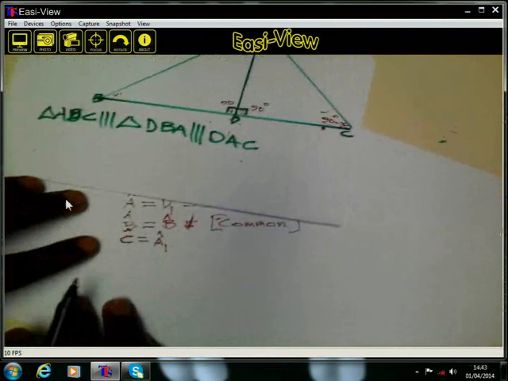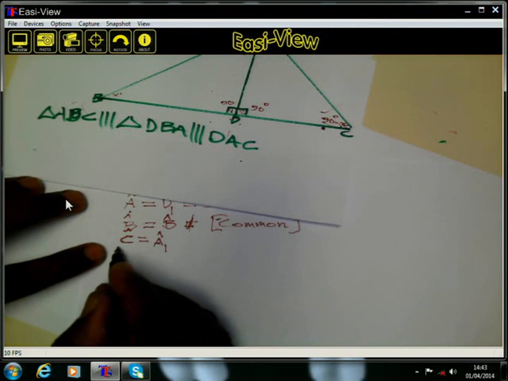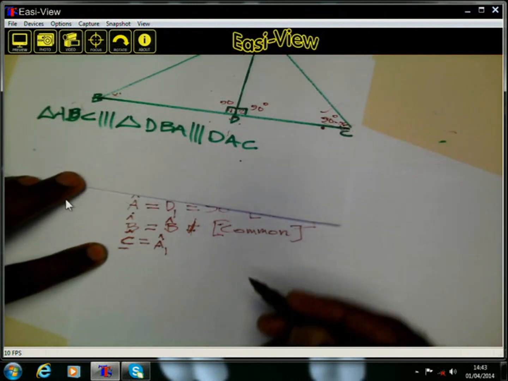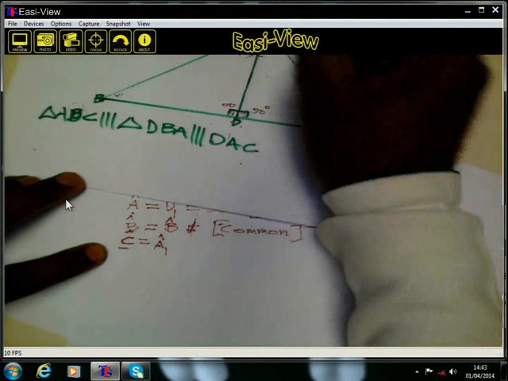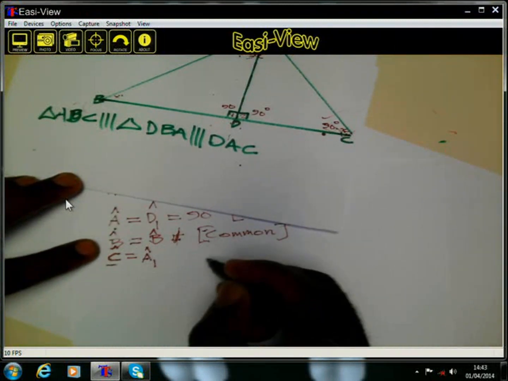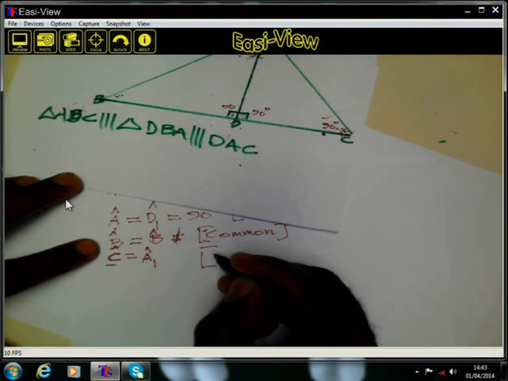But in terms of this, we are looking at C for this angle, which is equal to A1 for that angle.